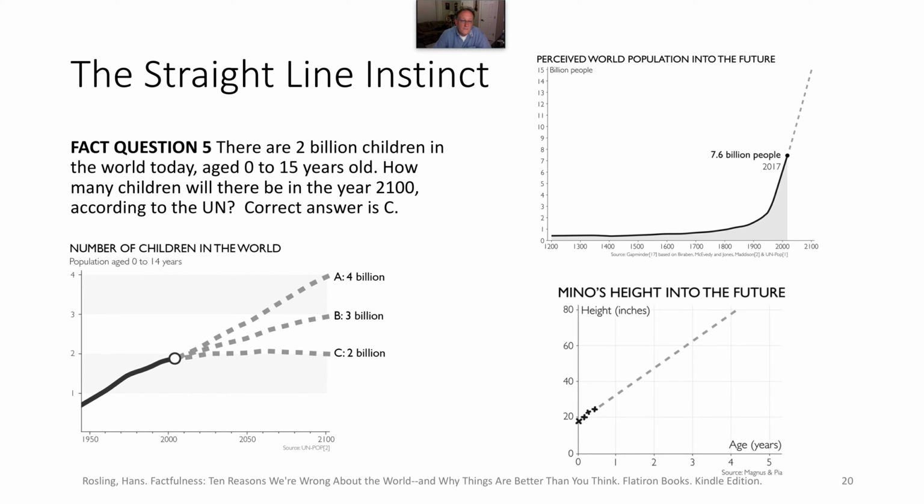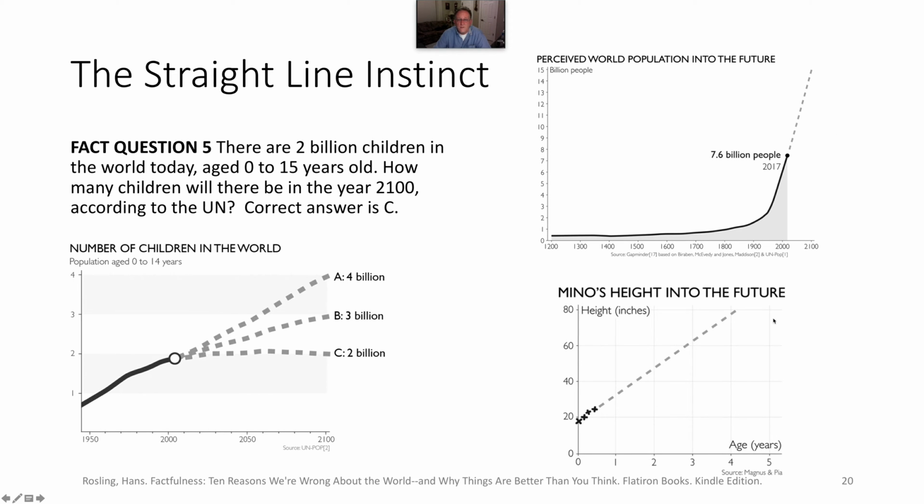Data oftentimes doesn't fall into straight lines, and this is really the idea he's bringing here. If you look at this chart here, it looks like, oh my goodness, we're going to have 20 billion people before we know it, and that's just not the case. What's going to happen is it's going to trail off and be more like about 12 billion in the next 25 or 40 years.